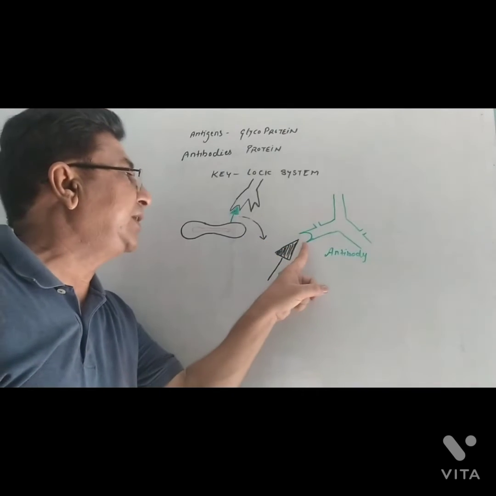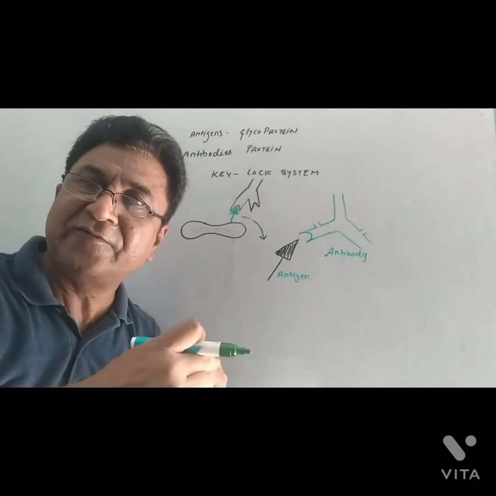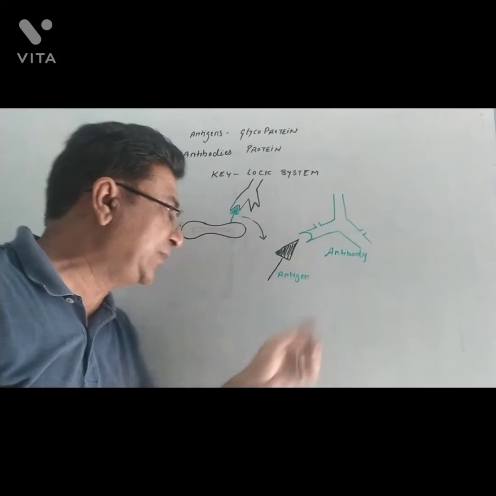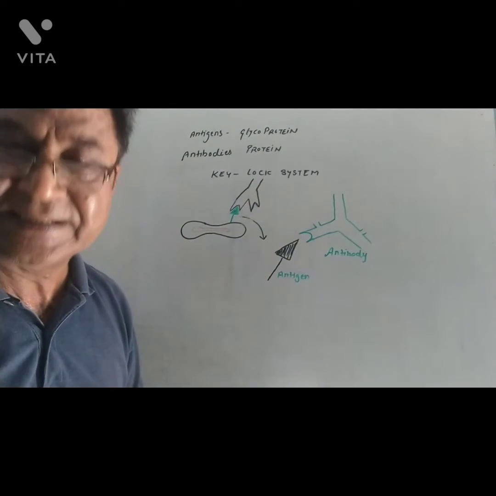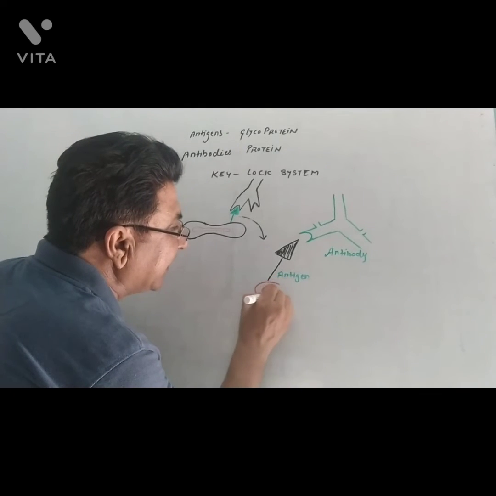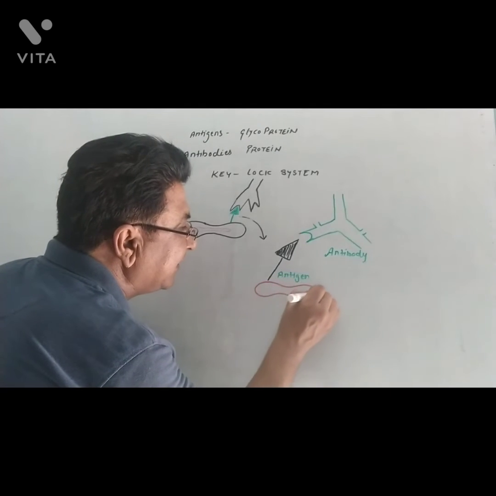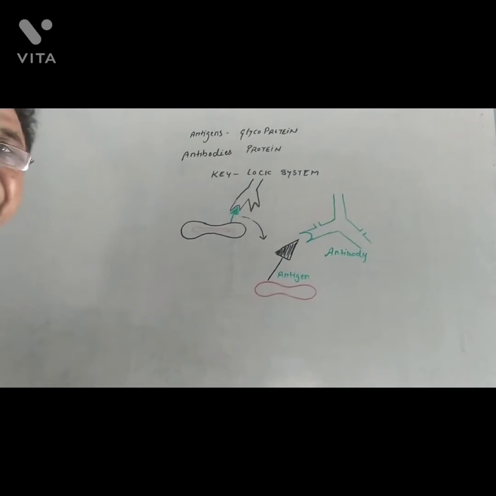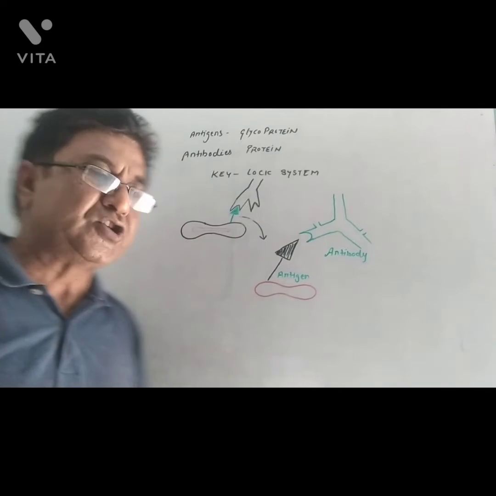If they come in contact, it will not get fixed; rather the antibody will float over it, and RBCs which have this antibody will also float very easily. Correct?